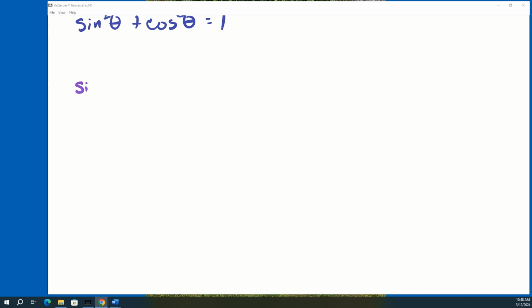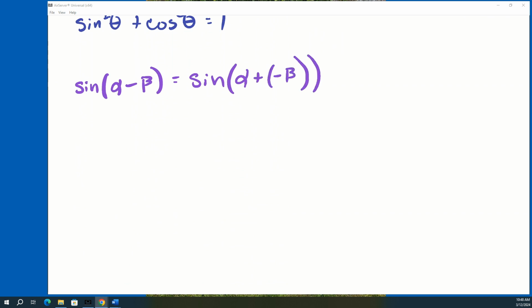So what we're going to find is the sine of alpha minus beta by doing the sine of alpha plus the opposite of beta. Because they mean the same thing. They're just written a little differently.